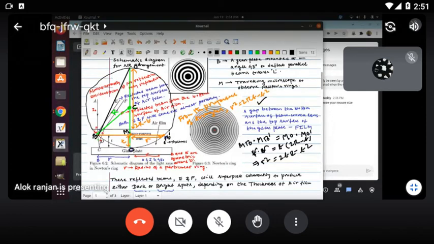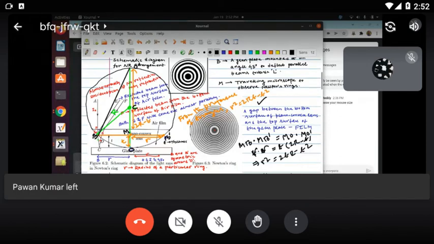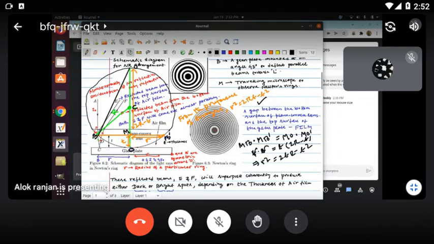Okay, yes, lambda will change, and if you are using monochromatic light, the intensity variation will be very sharp. You have a maximum and minimum. That means if you move from one ring to another ring, we get the center of the dark ring completely dark and the center of the bright ring completely bright or white. But if you use polychromatic light, you won't observe a completely dark ring or a completely bright ring because it will be a superposition of multiple colors.